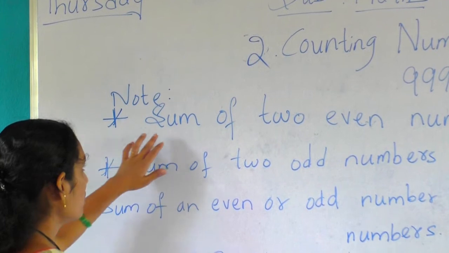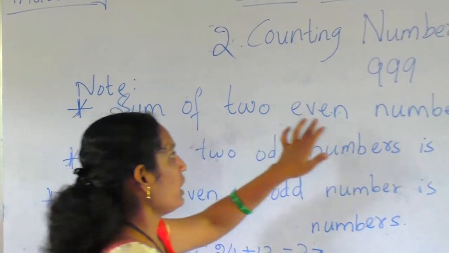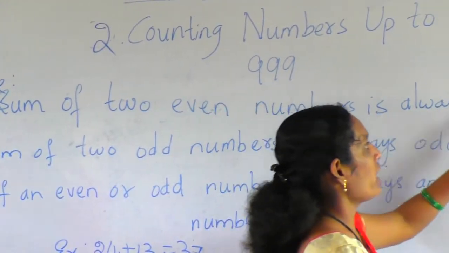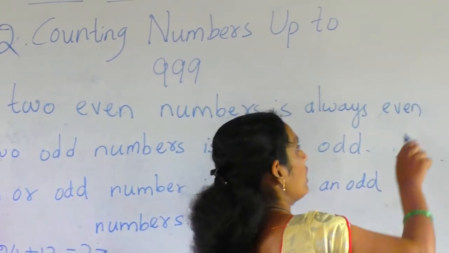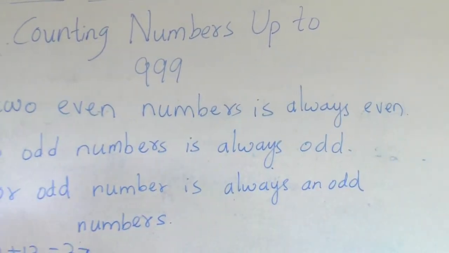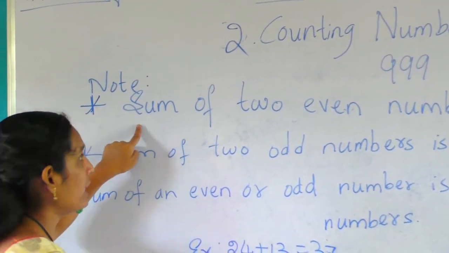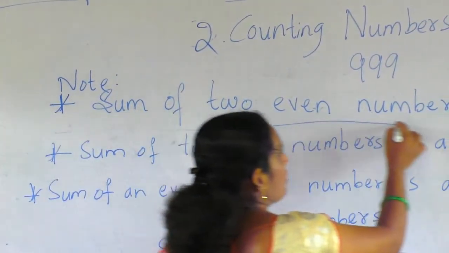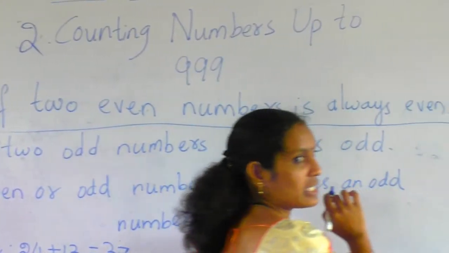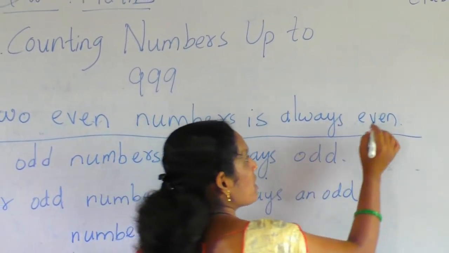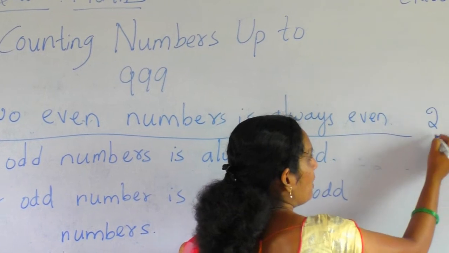Note, sum of two even numbers is always even. Sum means addition. You see, this is sum of two even numbers is always even. Just you see, even number I am taking, even plus even.